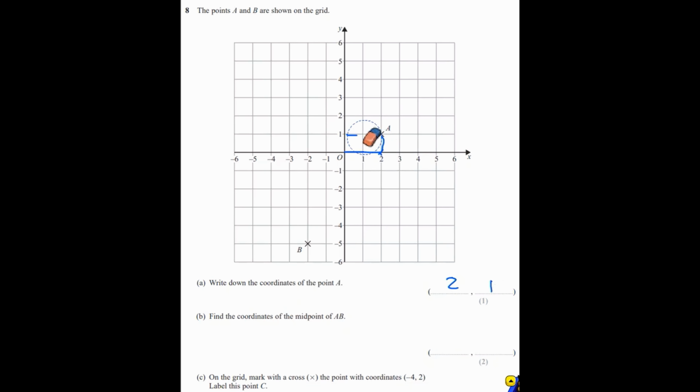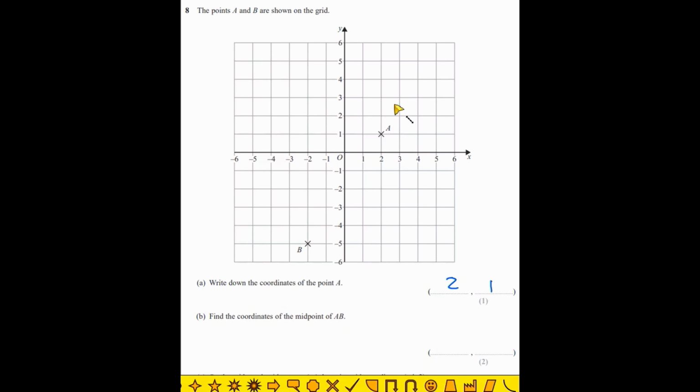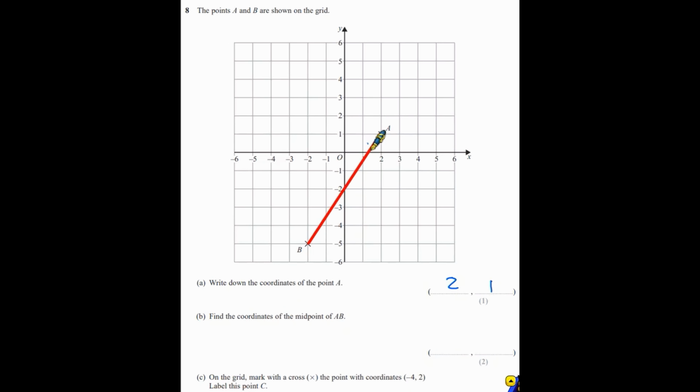It then says find the coordinates of the midpoint AB. So midpoint AB means that we now have a line going from A to B. There are a number of ways you could do this. Possibly the simplest way with your ruler is to simply measure that line and find halfway along. That will give you the coordinates.